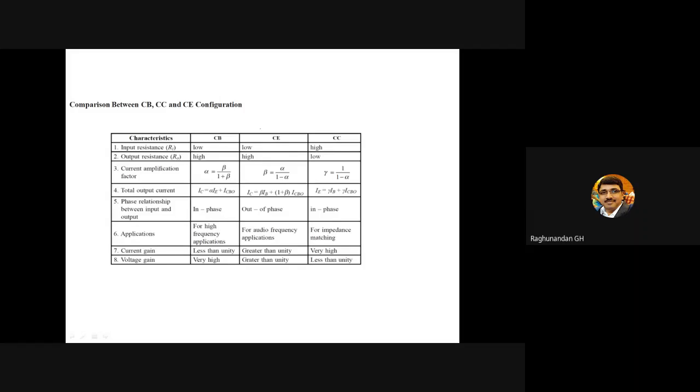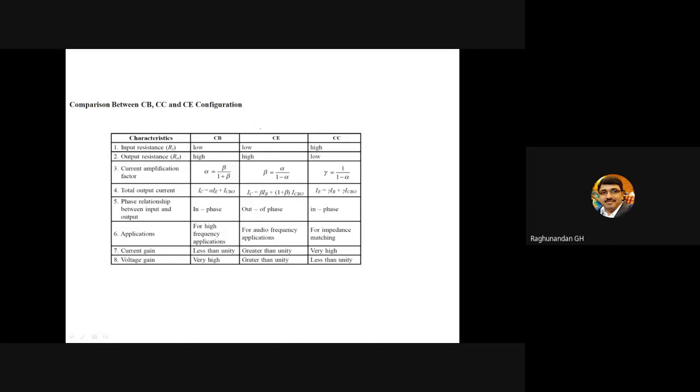Can anyone tell me, in common base configuration, which will be the input terminal of the transistor? Whether emitter, collector, or base?